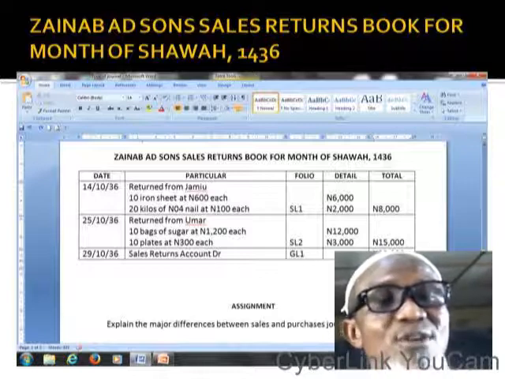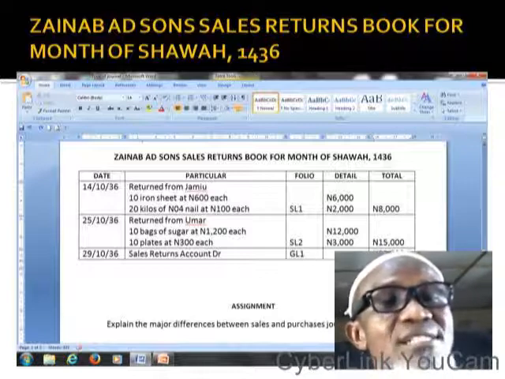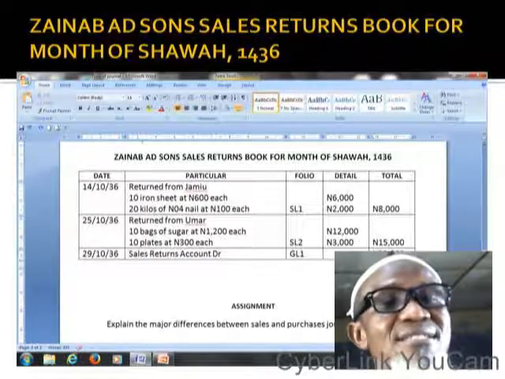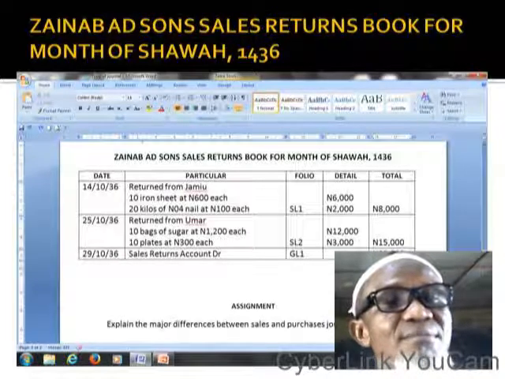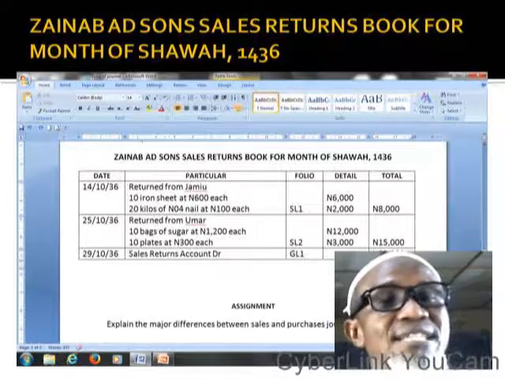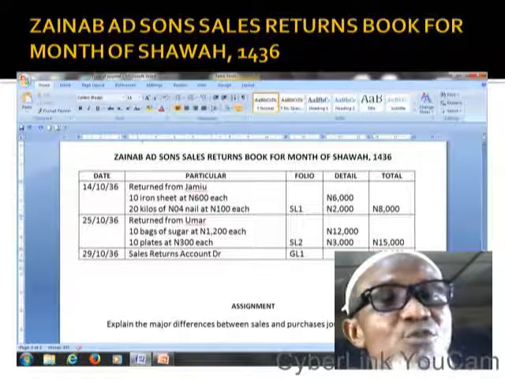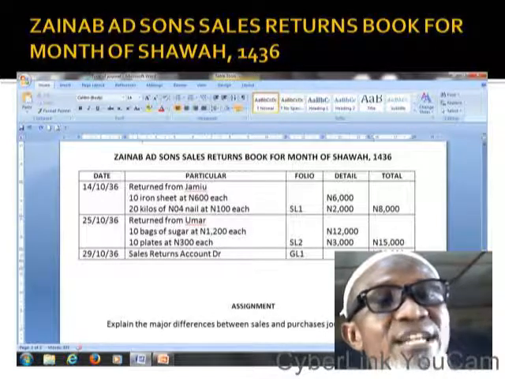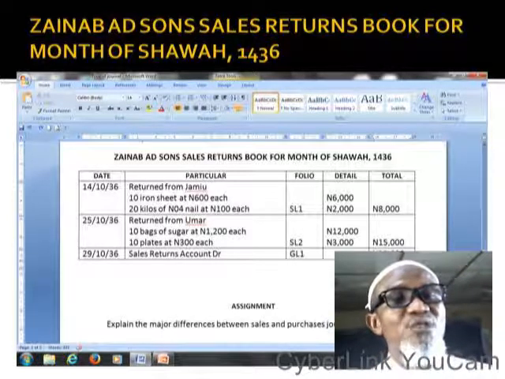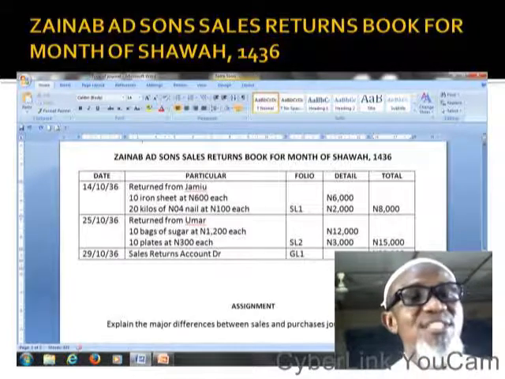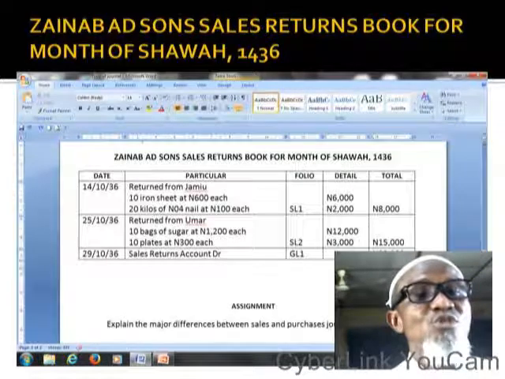The last one is the incident that occurred on the 25th, 1436. Another customer returned goods back to the seller, that is Zainab. Return from Umar: Umar returned 10 bags of sugar, which cost 1,200 naira each. You just multiply 10 by 1,200.